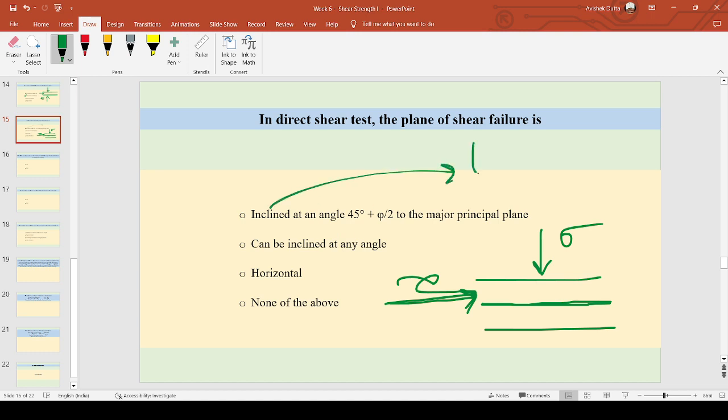This happens in triaxial. That is more closely matching to the field conditions. It cannot be inclined at any random angle, first of all, and in the direct shear test, the failure plane is essentially horizontal, and the most important thing is it is predetermined.